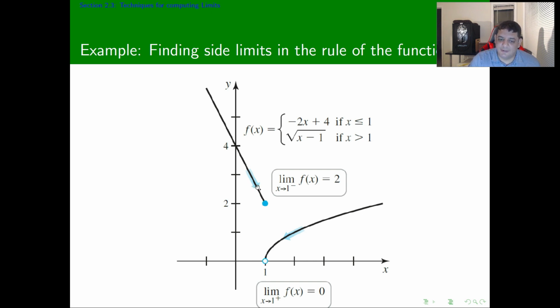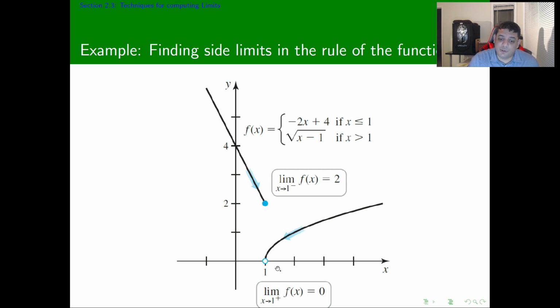This is almost continuous here, so you can approach with values closer to 1, and you're going to see that this is getting really close to 2. If you actually plug in 1, you can see here that minus 2 plus 4 is 2. And so you see that they're approaching 2 here, which is actually the definition of the function as well.